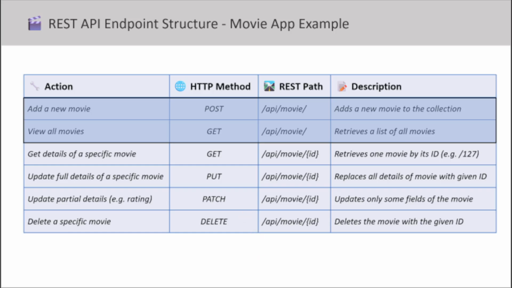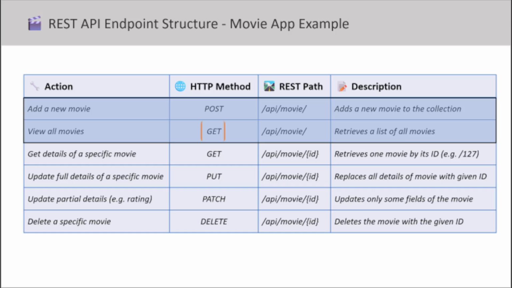So if you want to get details of a specific movie, just use a get request with the movie ID. If we want to retrieve one movie, then we use this REST path, API slash movie slash 127.